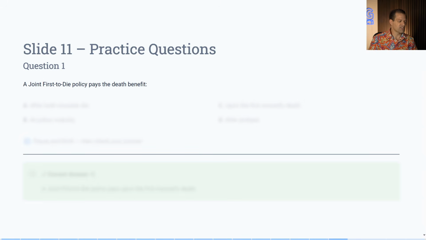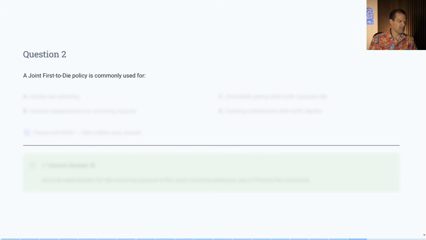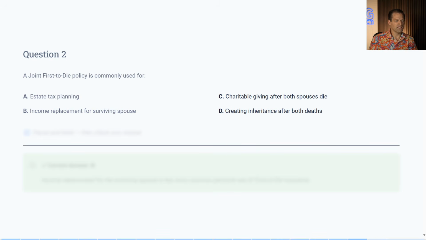So some practice questions. A joint first to die policy pays the death benefit: after both die, after policy maturity, upon the first insured's death, or at probate? The answer is C. A joint first to die policy pays upon the first insured's death. Question 2: a joint first to die plan is commonly used for estate planning, income replacement, charitable giving, or creating inheritance?